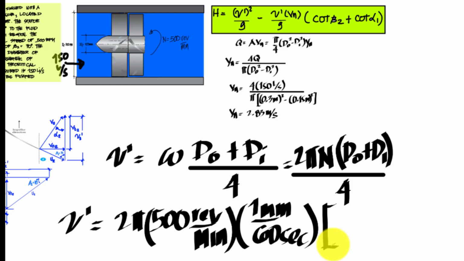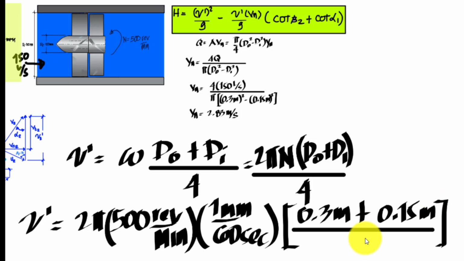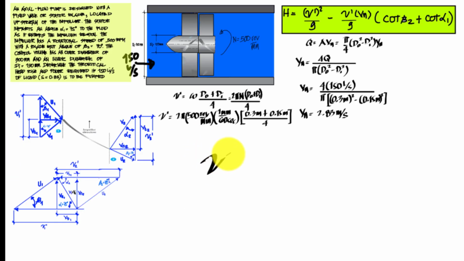So we have the outside that will be 0.3 meter plus the inside that will be 0.15 meter, and this is divided by 4. So the velocity of my vane now is equal to 5.89 meter per second.